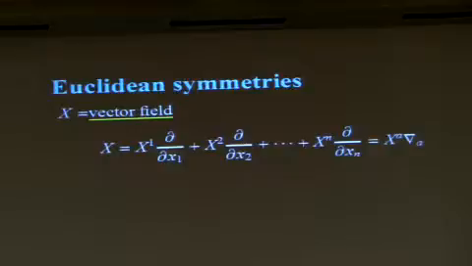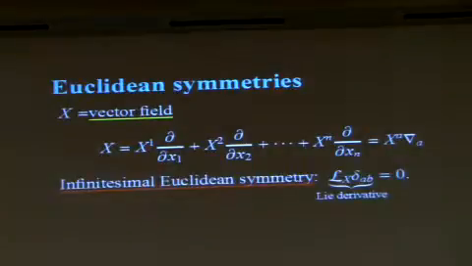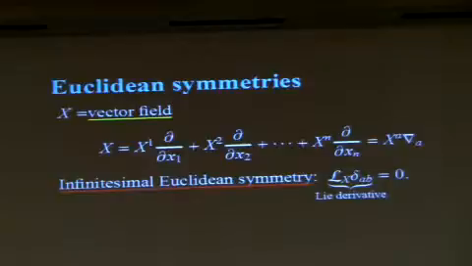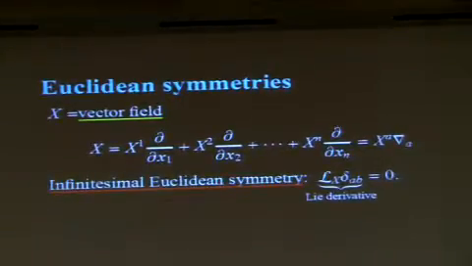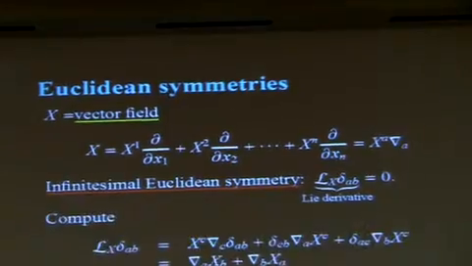I'm going to write it as X^a, and then an infinitesimal Euclidean symmetry is simply saying that the Lie derivative with respect to this vector field of δ_ab, the flat metric on R^n, should be 0. That's an infinitesimal statement that you have a vector field which is a symmetry. So let's first figure out what that means as a condition on X.